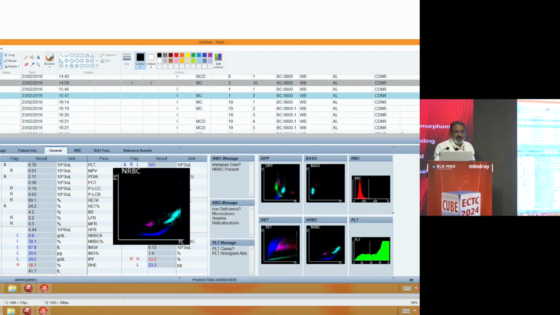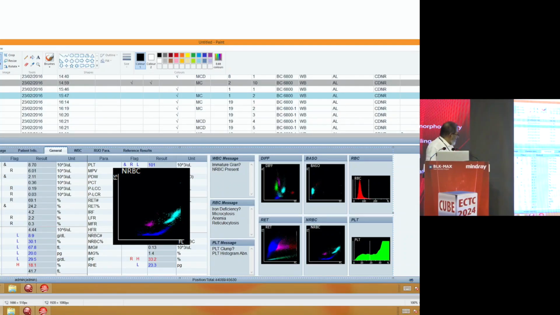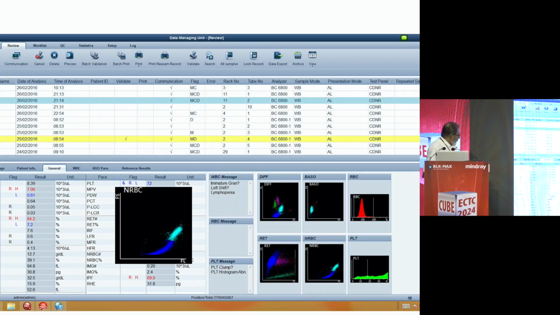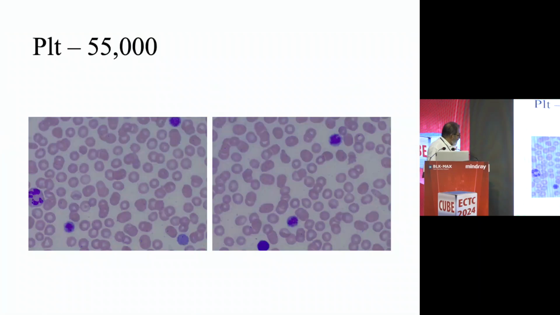But the only problem with this is that when the large platelets increase in the WNR channel, you can see these are platelets. When platelets become larger, they start going into the WNR channel and start becoming white cells.